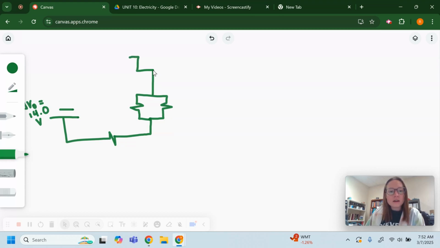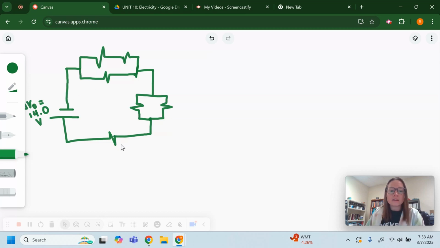This goes up. We got another resistor here, and another resistor here, and another resistor down here. And then this connects back to here. Then this connects over here on this side and then comes back to the battery.